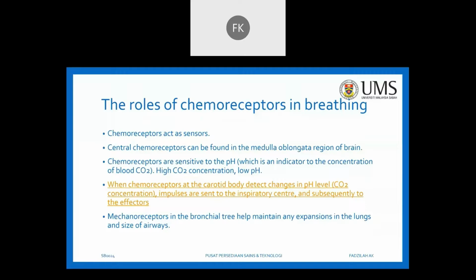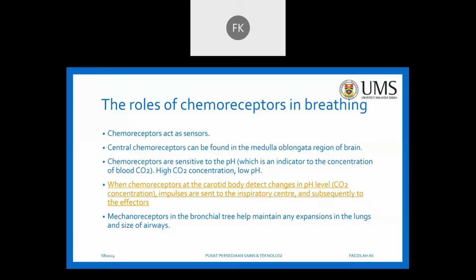The effector is the respiratory organ. When this happens, it triggers the intercostal muscles to inhale and exhale: inhale oxygen and exhale carbon dioxide.